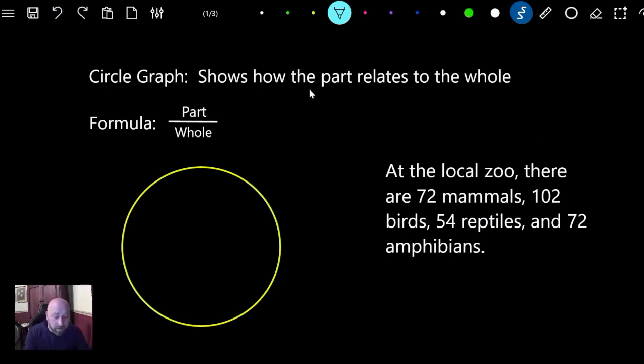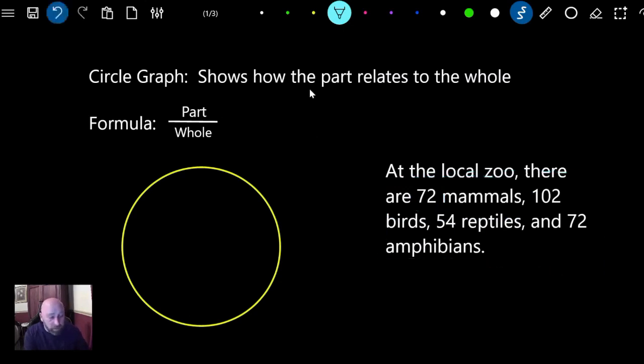Let's start with the 72 mammals, since that's the first thing that comes up. We're going to plug 72, that is the part, that is the piece we're looking for, in over the whole.